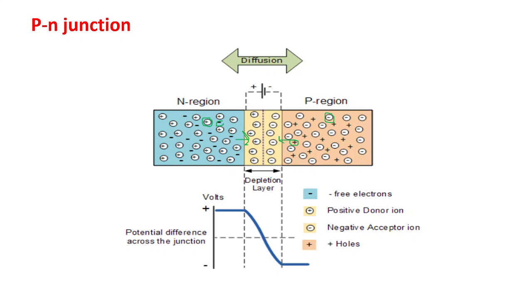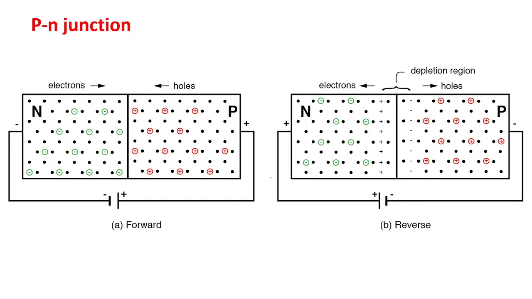Now what happens when solar radiation falls on these materials? Before going to that concept, we know that at the junction there is forward bias and reverse bias. Forward bias and reverse bias means we are adding an external battery to our newly manufactured PN single crystal.